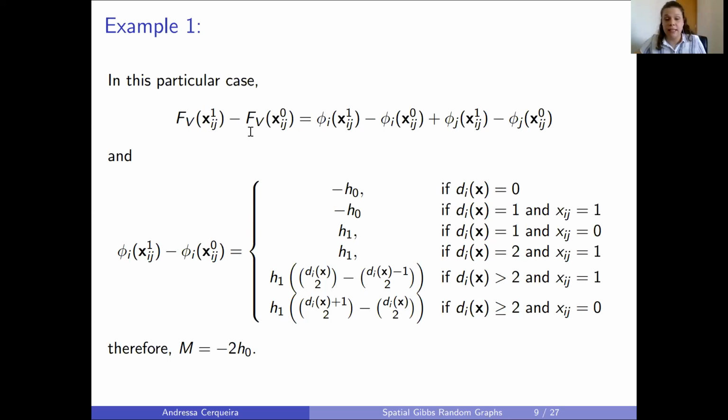To compute this difference, just look at the edges that are connected to i or j. And the lower bound for this difference, using the sum here, the lower bound m is given by minus 2 h0. So both conditions are satisfied for this model.